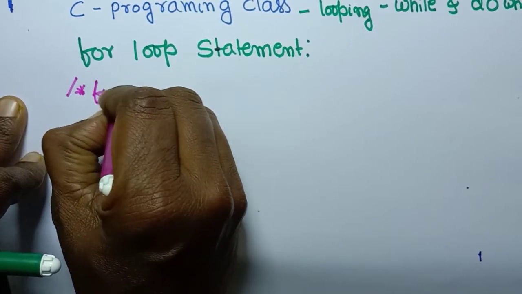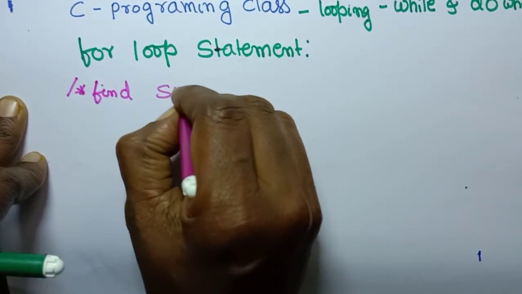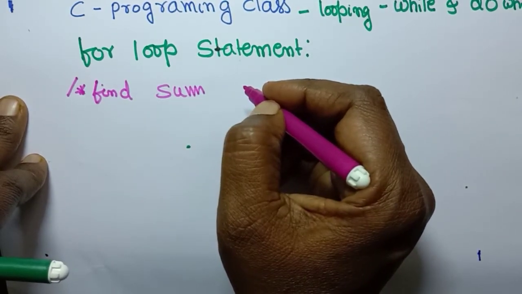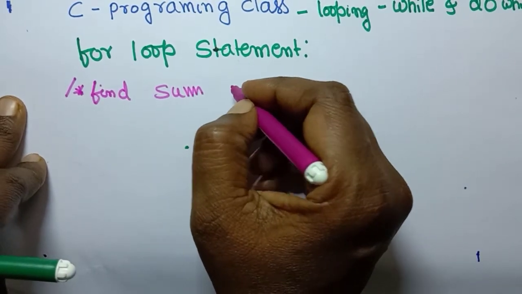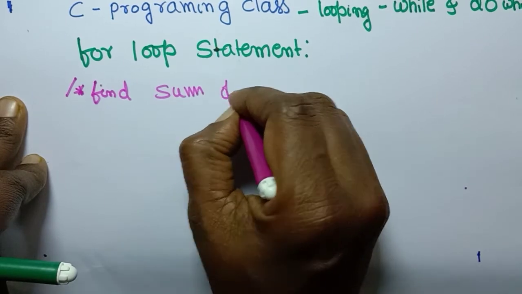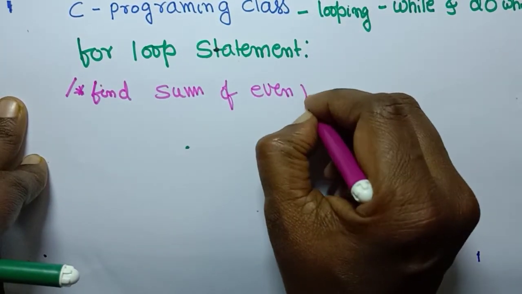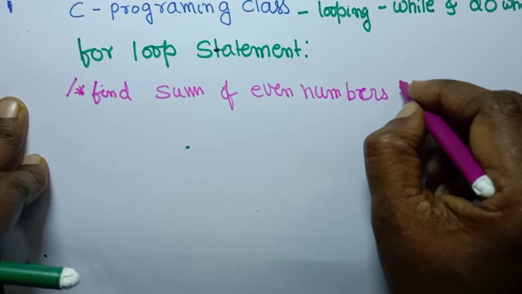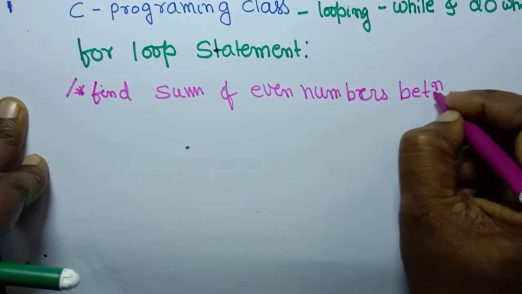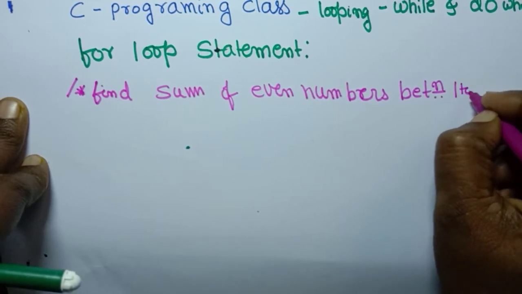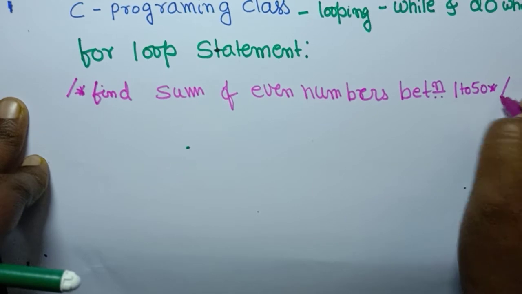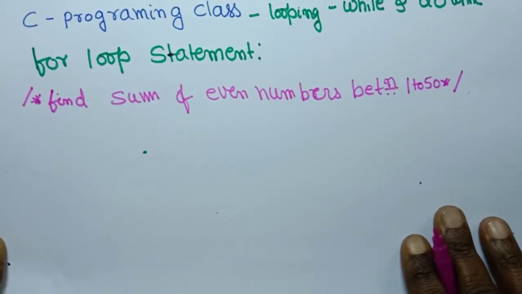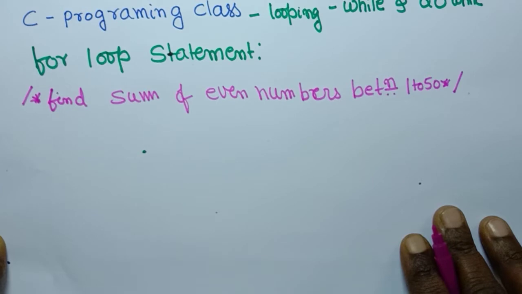Find the sum of even numbers between 1 to 50. Today we are going to write the program to find the sum of the even numbers between 1 to 50 using the while statement.